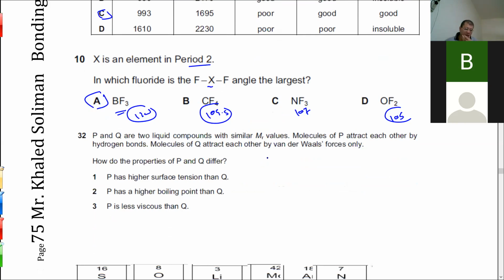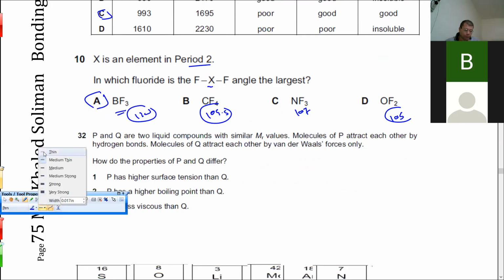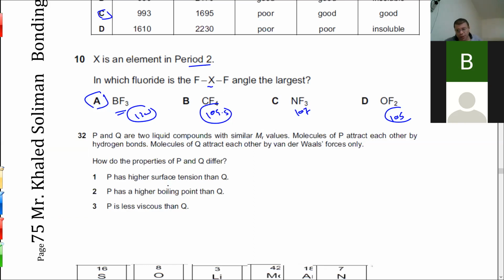This one is part B of the question. You may have the three of them right, you may have 1 and 2, you may have 2 and 3, or you may have only 1.